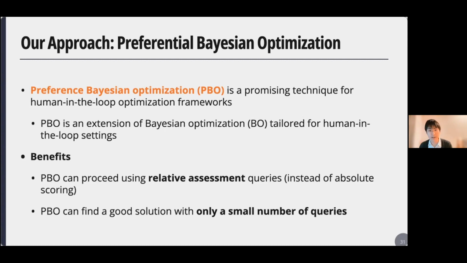And the benefits of PBO are that, first, PBO can proceed with the optimization steps using relative assessment queries, unlike typical optimization algorithms. So we don't have to rely on absolute scoring. And second, PBO can find a good solution with only a small number of queries. Thanks to these two benefits, PBO is very powerful in human-in-the-loop settings.